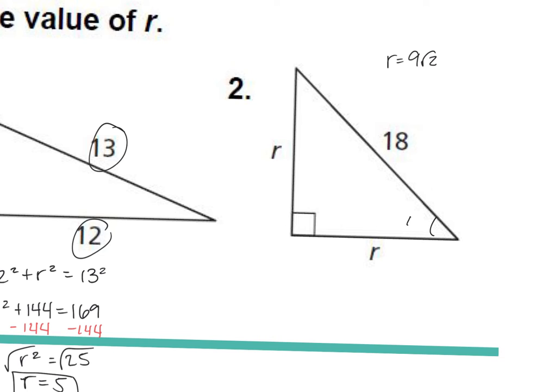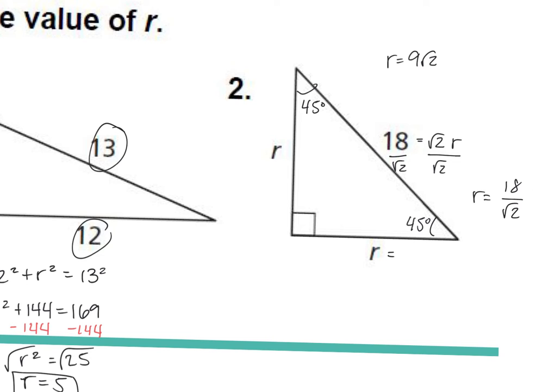Why is it a 45, 45, 90? So then r is going to be a, right? And 18 should be the square root of 2 times r. Do you agree? All you have to do is divide by the square root of 2, divide by the square root of 2, and you get r equals 18 over the square root of 2.